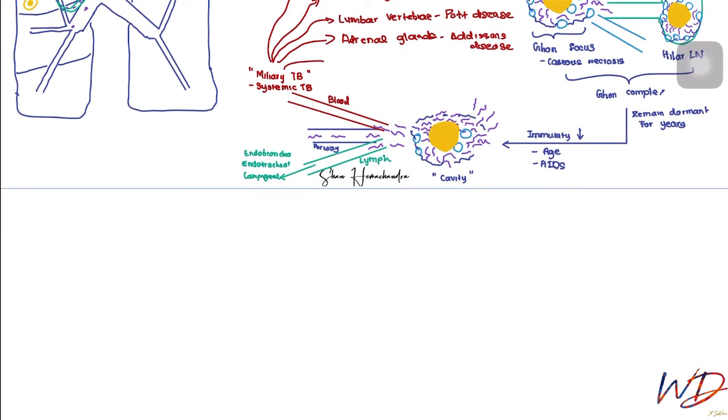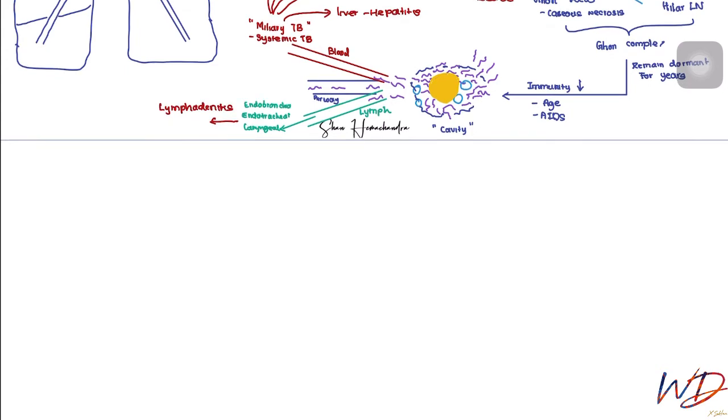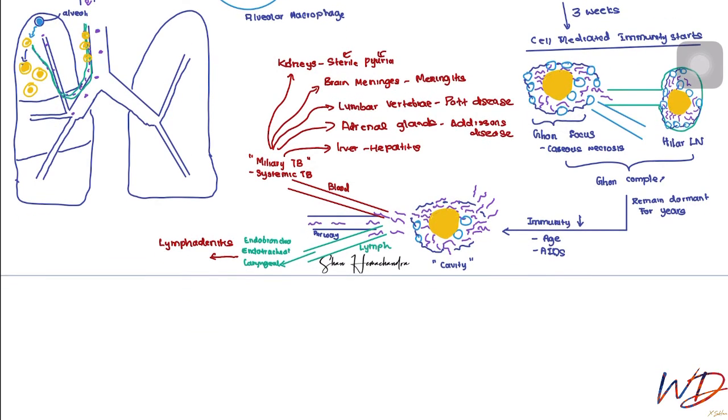It can go to the liver, cause hepatitis. This condition over here is called lymphadenitis. That is a disease of the lymph nodes. And it can go to bones and joints.